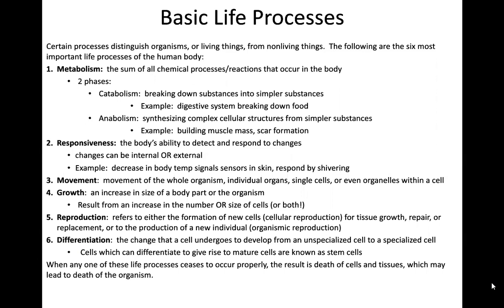Okay. Metabolism is something we'll talk a lot more about in our next lecture. The sum of all chemical processes or reactions occurring in the body, which can be classified into 2 phases, catabolism and anabolism. Okay.